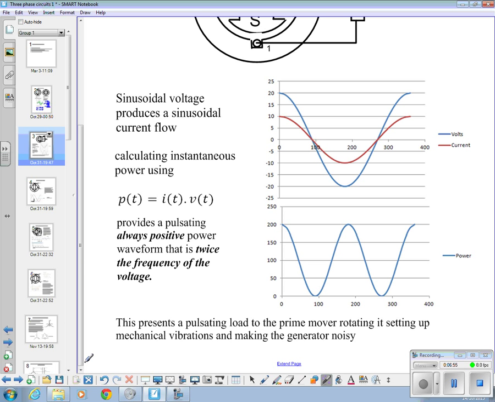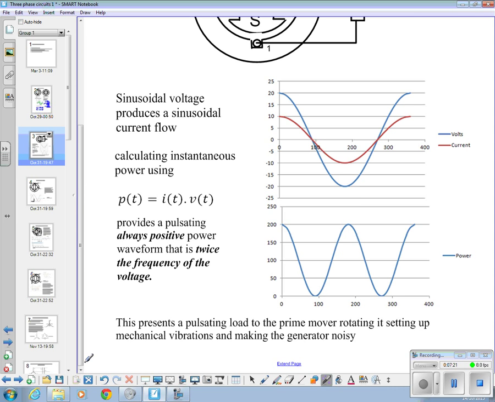It's not got an even load on it all the time. It's got a pulsating load. So it sets up mechanical vibrations, making the generator noisy. It's not smooth at all. So that's what we get power-wise out of a single-phase generator.